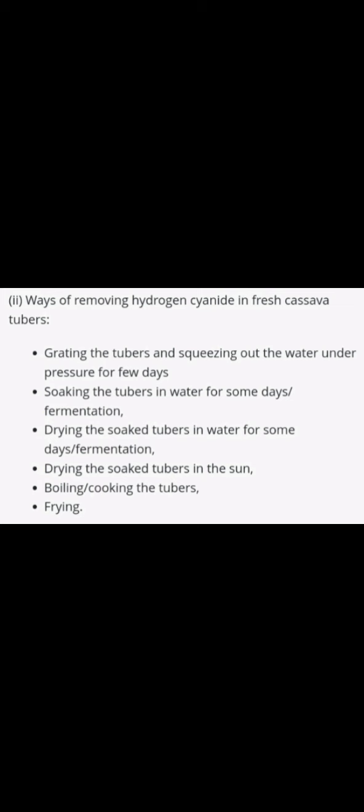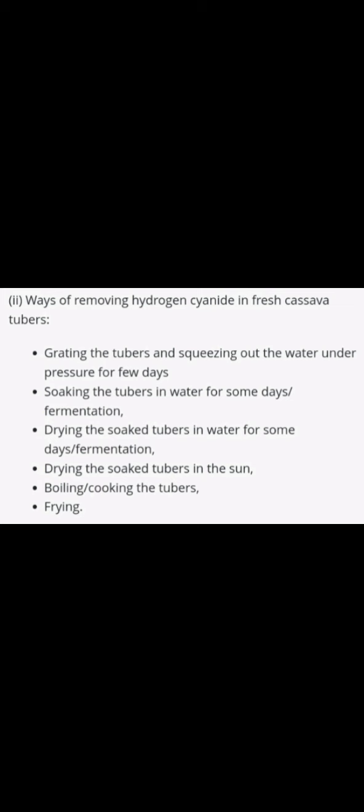Now, the toxic substance found in cassava tuber is hydrogen cyanide. I just call it cyanide or prussic acid. How do we remove this hydrogen cyanide in fresh cassava tubers? Number one, grating the tubers and squeezing out the water under pressure for a few days. Number two, soaking the tubers in water for some days.